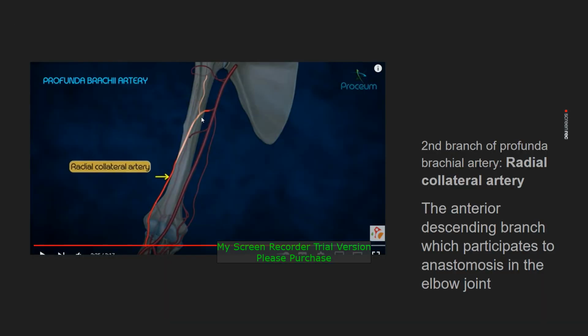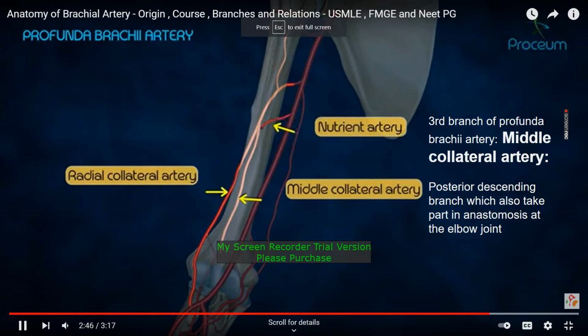And then after giving the deltoid artery, the other branch given by the profunda brachii artery is the radial collateral artery. The radial collateral artery descends down on the lateral side, anteriorly, and it participates in the anastomosis at the elbow joint. So it's the second branch given by the profunda brachii artery.